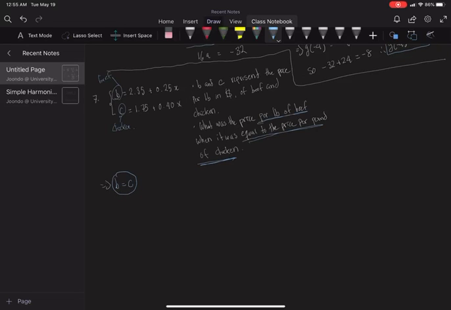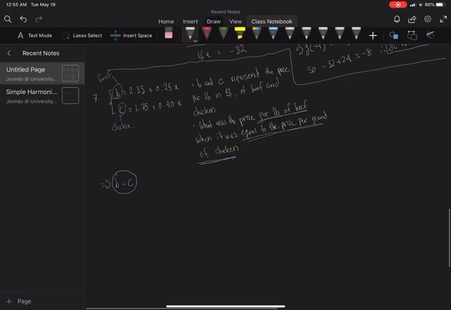If B equals C, we have 2.35 plus 0.25x equals 1.75 plus 0.4x.